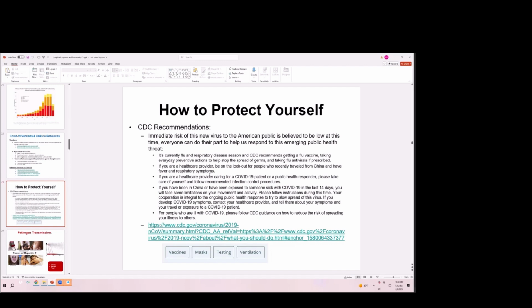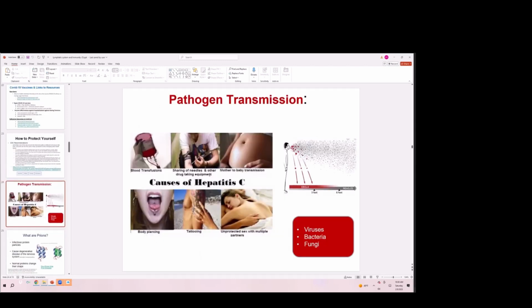Are there other ways in which pathogens are transmitted? Yes. If you take blood that is contaminated, definitely you can pick up that contamination if the blood is tainted, if it has infectious agents in it.